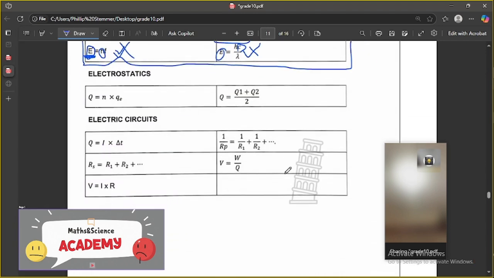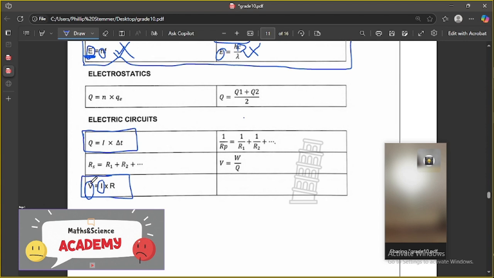So now, let's go to electricity. You have to understand what a charge is. Let's look at V equals I times R. I is the charge.